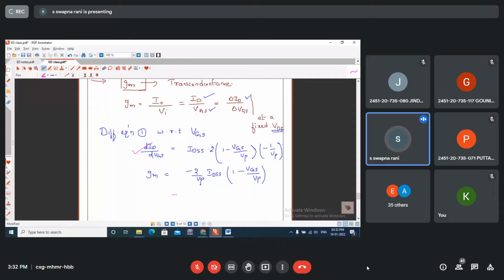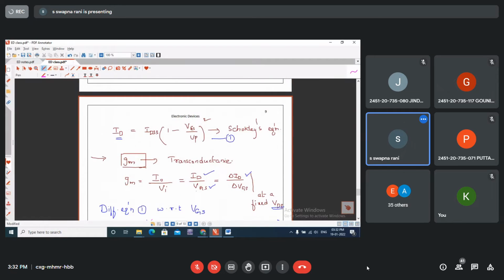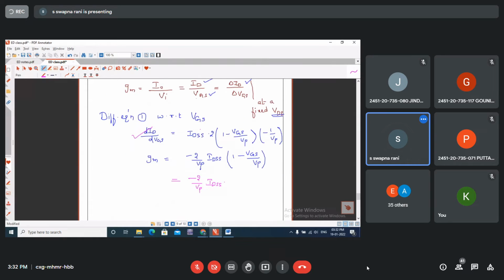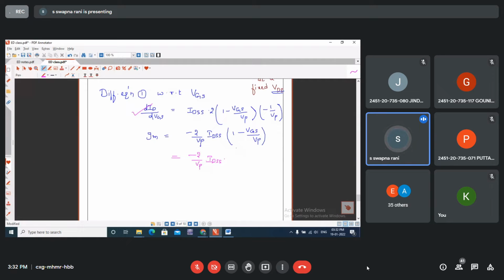So GM is equal to minus 2 by VP IDSS into (1 minus VGS by VP). From equation 1, ID equal to IDSS into (1 minus VGS by VP) whole square.